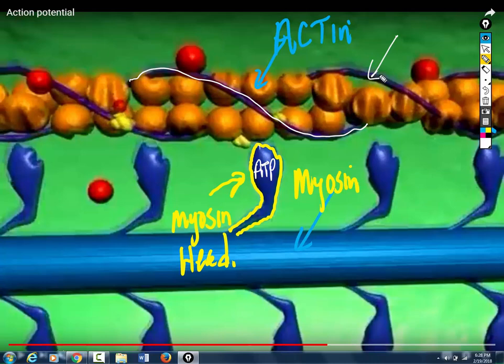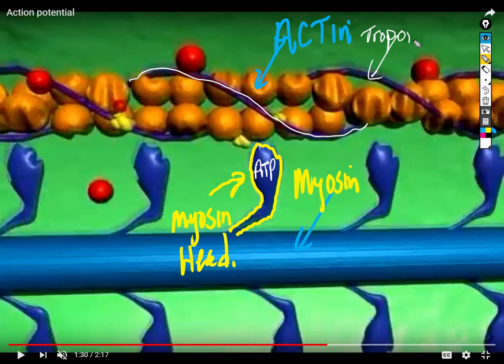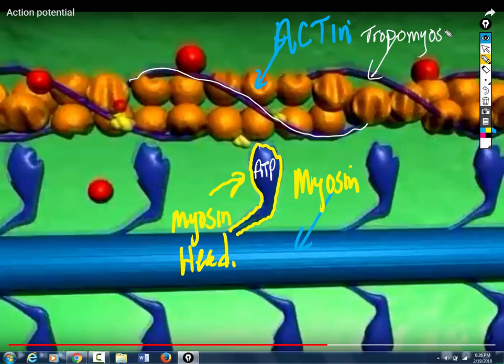Wonder what that tastes like. That's called tropomyosin. What's the function of tropomyosin? It's to cover the binding sites on actin for the myosin head. Who's with me?